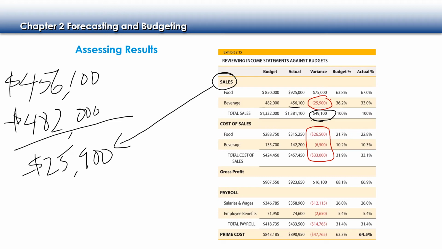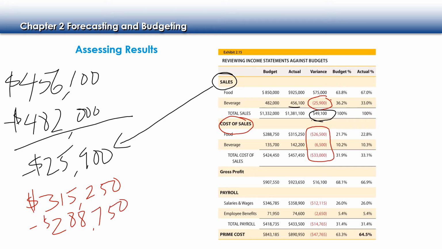When we're talking about costs, our food, our actual, is $315,250. We subtract what we budgeted, $288,750, and we have a positive number of $26,500, which means we spent more money on food than we budgeted.